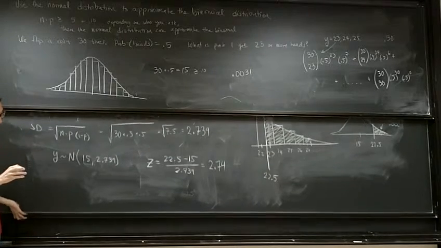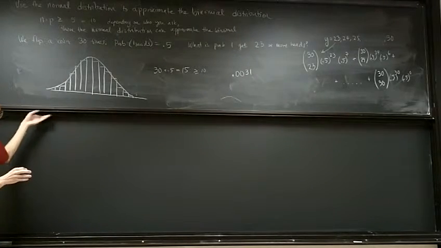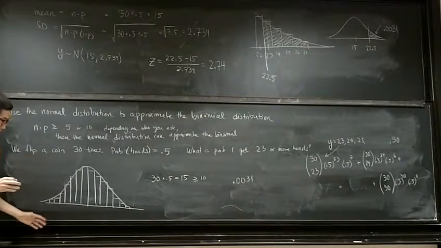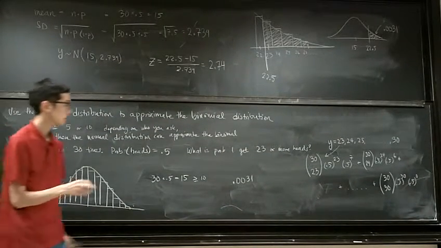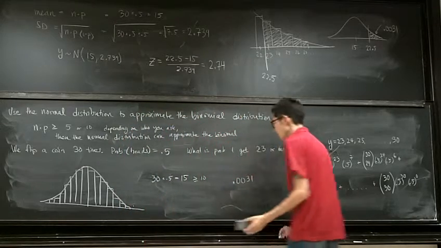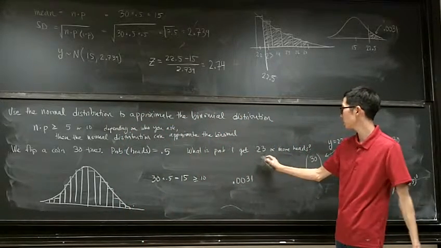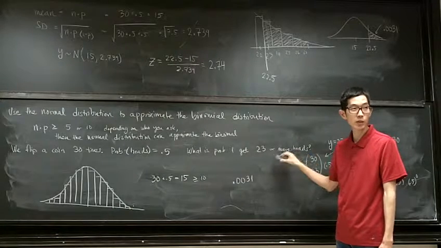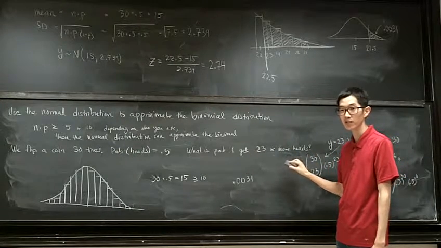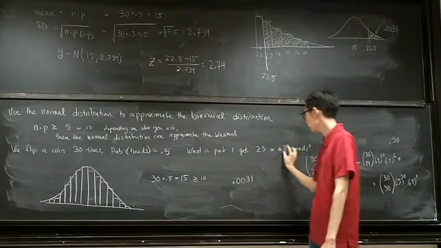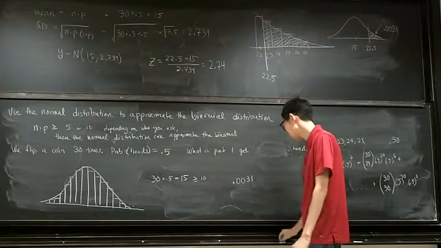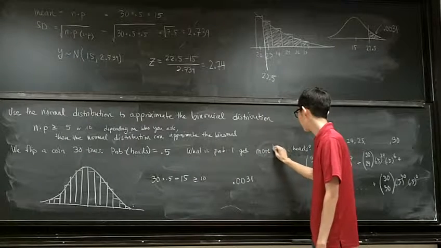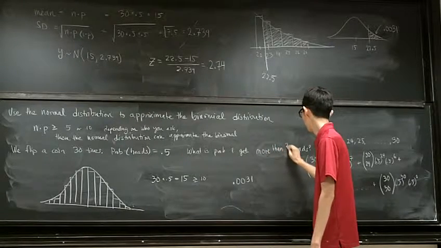This is where things change up, okay? So here I ask the question, what is the probability I get 23 or more heads? In that case, I want to include 23 as part of my answer. If I change this just slightly, just change the words around to say, what is the probability I get more than 23 heads?